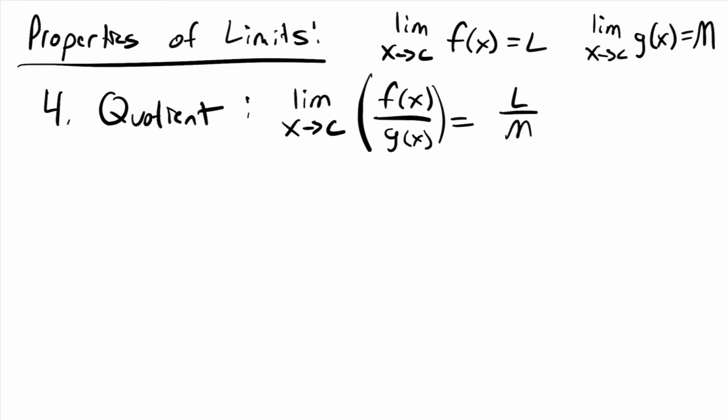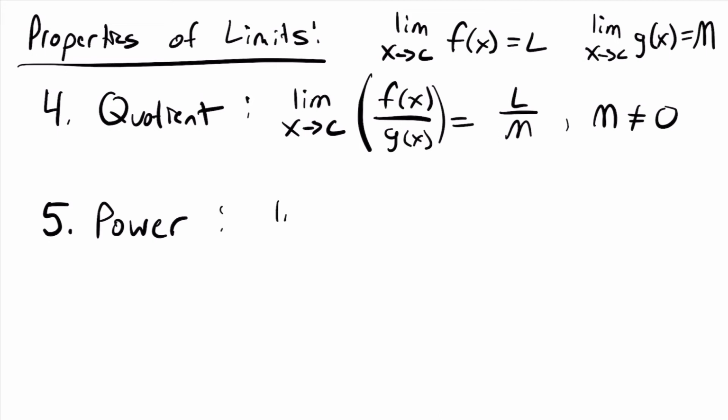Now this has an extra rule. This only works provided that the limit of g of x, or that limit m, is not 0. This is given that m doesn't equal 0, because if it did, then we'd have 0 in the denominator, which would make this value undefined, and so the property would not be true, and the limit would not exist.